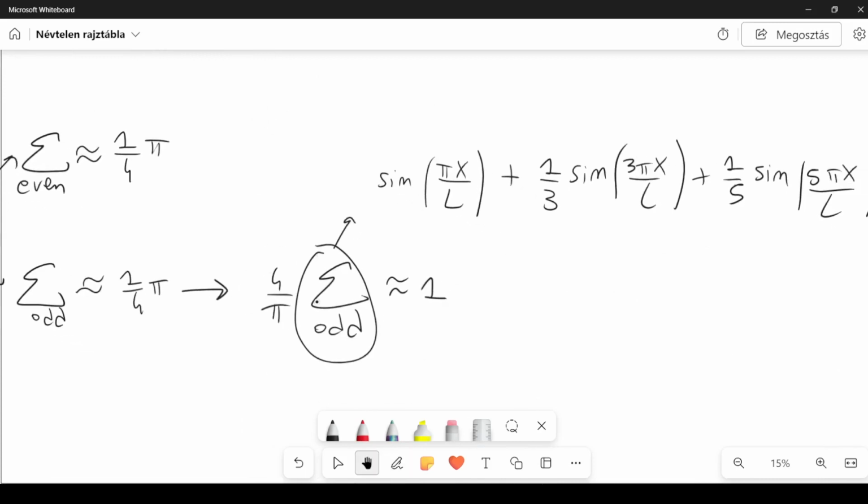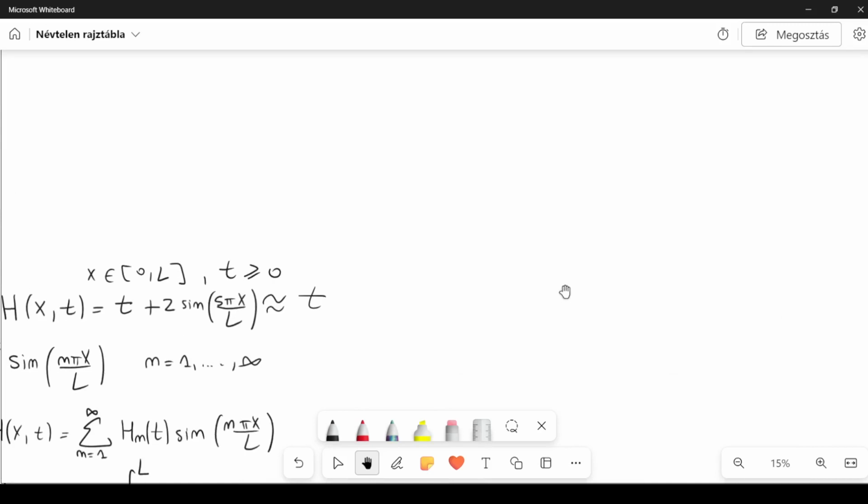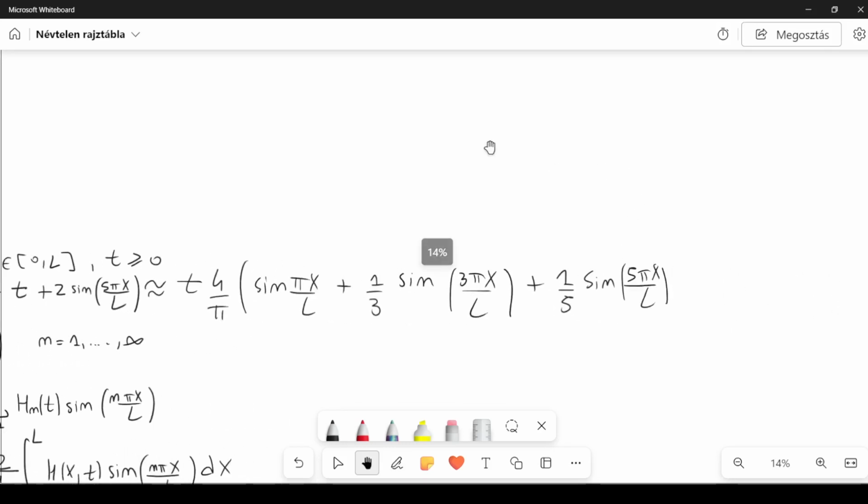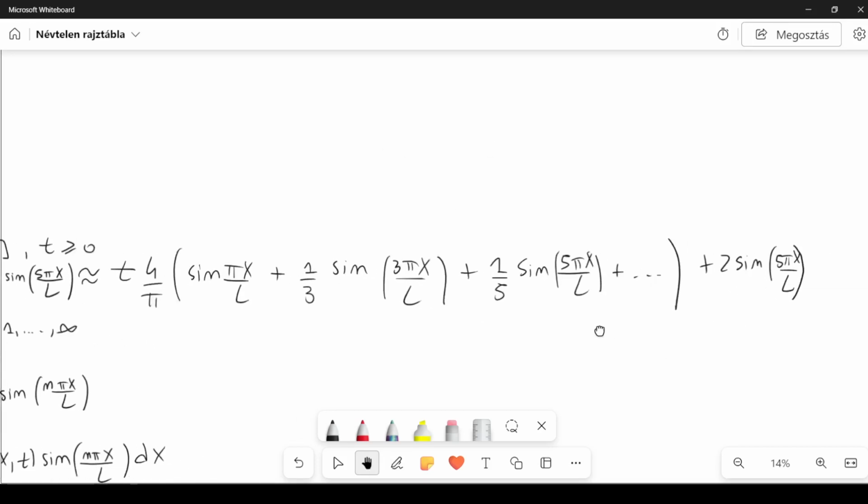So we have 4 over pi, then we have the sine of pi x over L plus 1 over 3 the sine of 3 pi x over L plus 1 over 5 the sine of 5 pi x over L, and then you get the idea, like this.